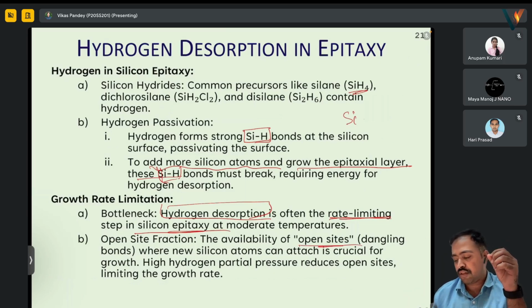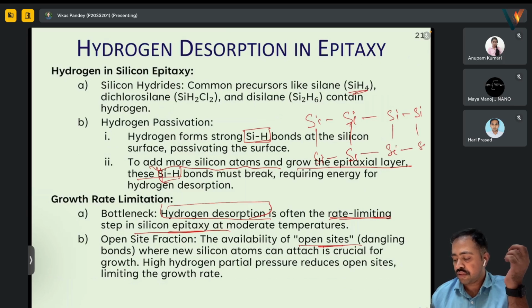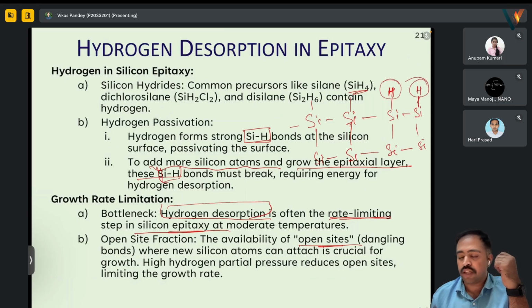We have silicon, silicon, silicon, silicon. This is the top surface, okay? Below it we have again silicon, everything. So if we have some dangling bond on the top, then another silicon can attach over it and we can achieve epitaxy. But if it is bonded with hydrogen, we have to first remove this hydrogen, and that is a bottleneck at lower or moderate temperatures, we can say.